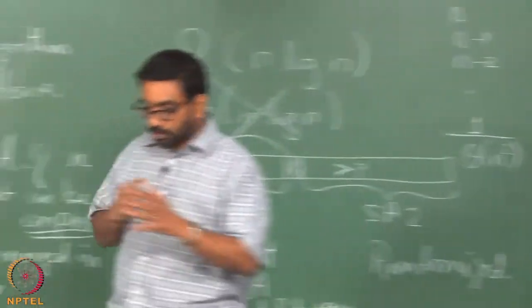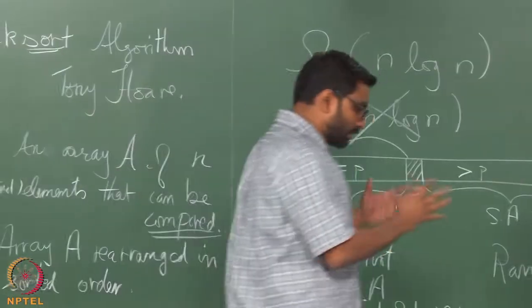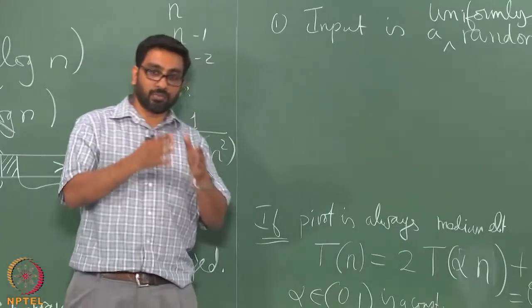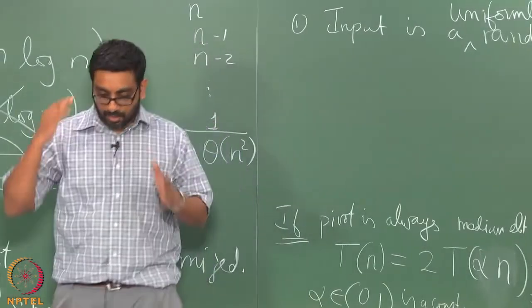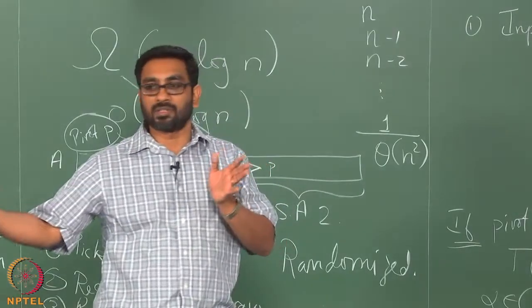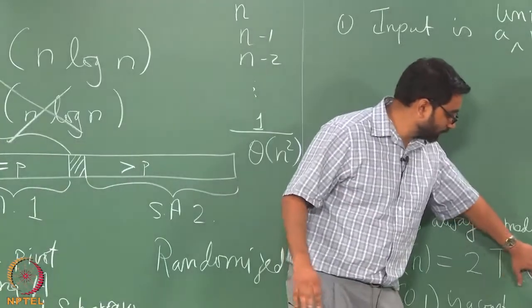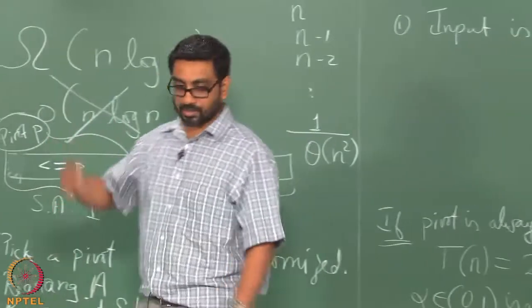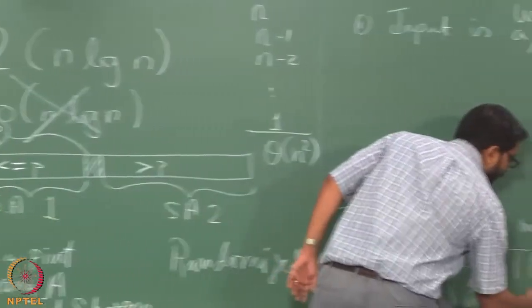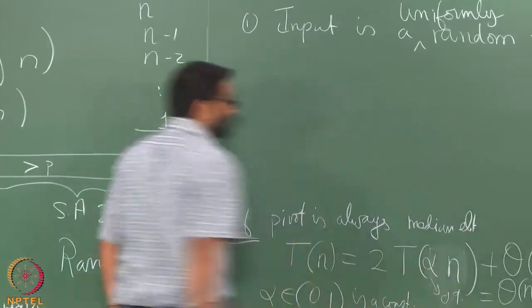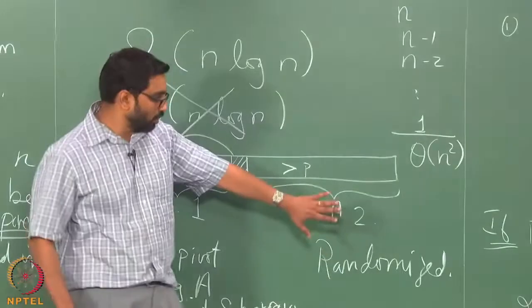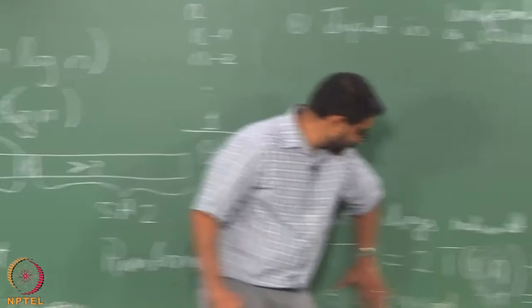So even if you can ensure that the pivot is somewhere between, say, the 10th percentile and the 90th percentile, that's also fine, because then the larger of the two problems will not exceed 90%. That will correspond to alpha equal to 0.9. As long as alpha is a fixed constant within this open interval, we are fine.